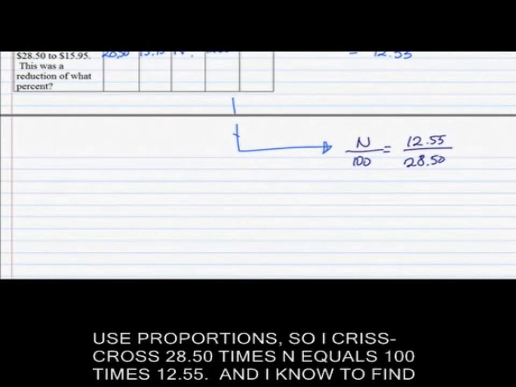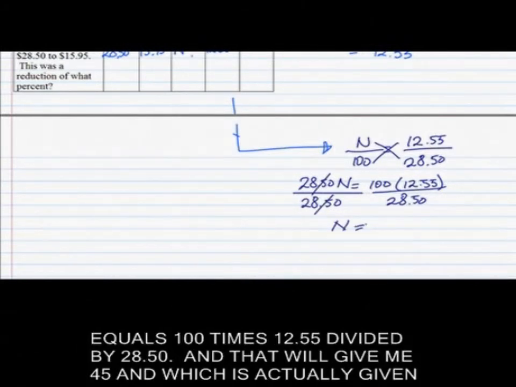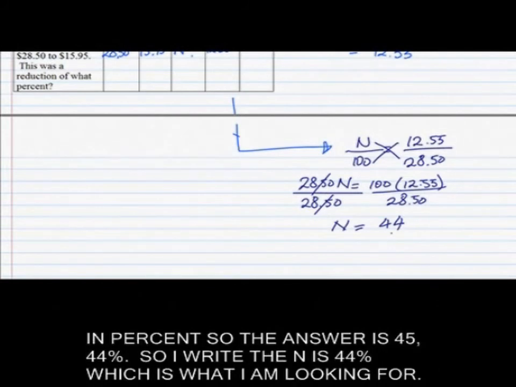I know that I can use proportions, so I crisscross. $28.50 times n equals 100 times $12.55. And I know to find n, I need to divide both sides by the number that's next to n. So when I do that, I will get n equals 100 times $12.55 divided by $28.50. And that will give me 44, which is actually given in percent.